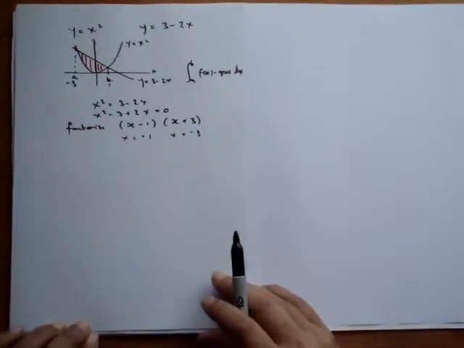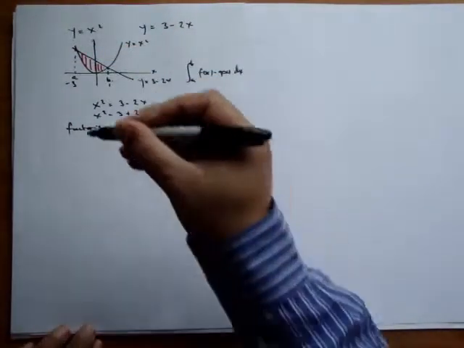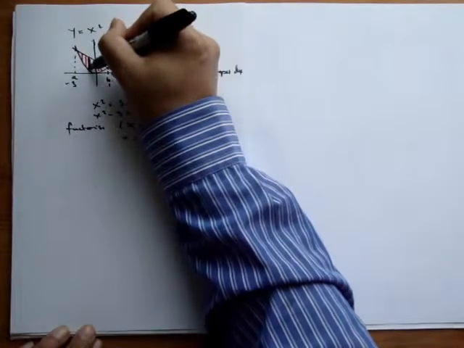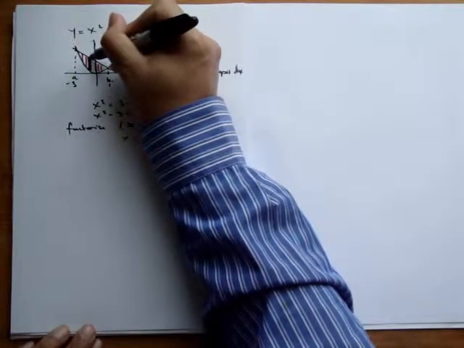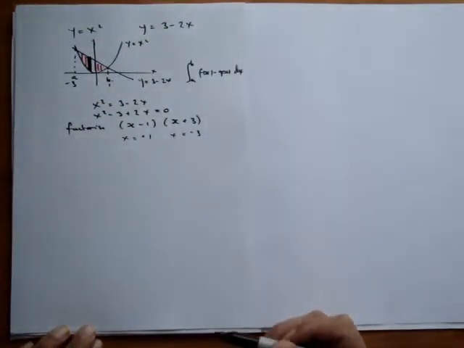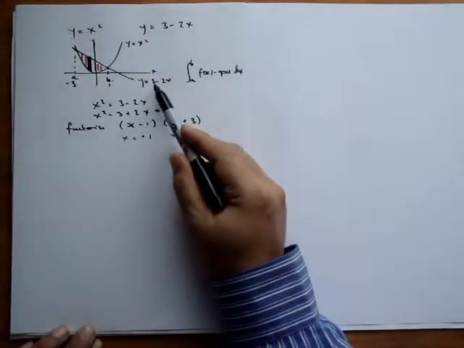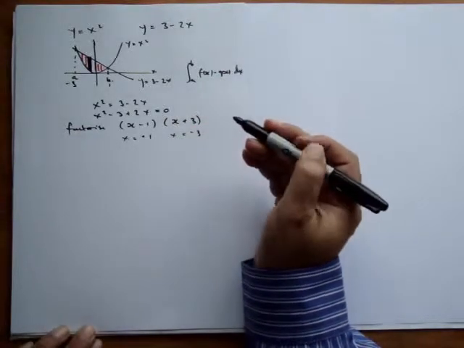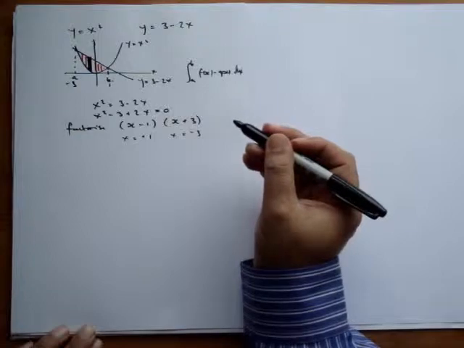Now we need to either do a test strip or from our graph or our diagram find out which is the top line. So we can see that y equals 3 minus 2x is the top one, so that's f of x.